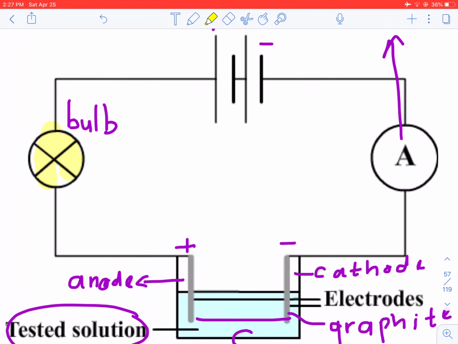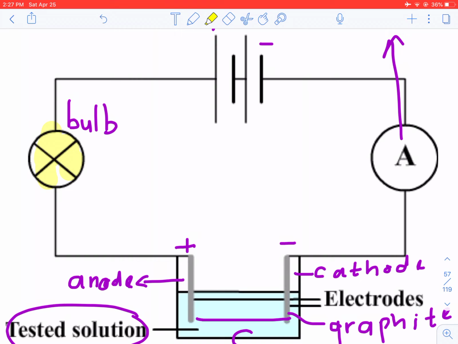Now we know when a current is in a circuit, there has to be a complete circuit, and the current needs to be able to move from the negative terminal to the positive terminal of the battery.